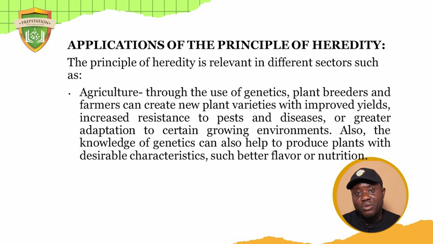Also, the knowledge of genetics can help to produce plants with desirable characters, such as better flavor or nutrition. Let's take for instance, you have an apple tree in your house that produces very sweet apple, but the fruits are always small. But your friend has an apple tree in his own compound too. Now it produces very big apple, but it doesn't have that sweet taste. So what can you do?